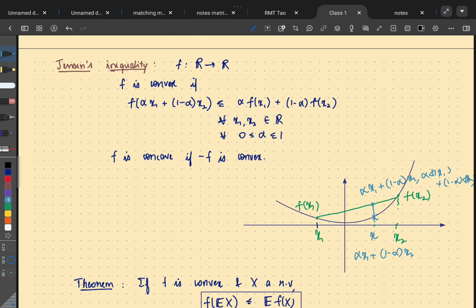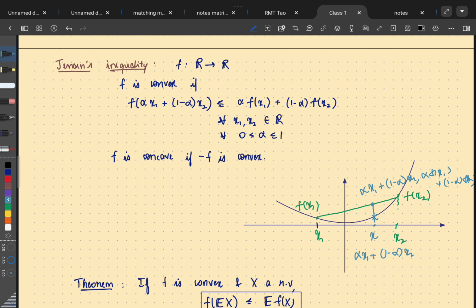So what this definition is telling us is that the curve that defines the function always lies below the secant. If you take any 2 points along this curve, then the straight line joining these 2 points always lies above the curve that defines the function. So that's the geometric interpretation of convexity.